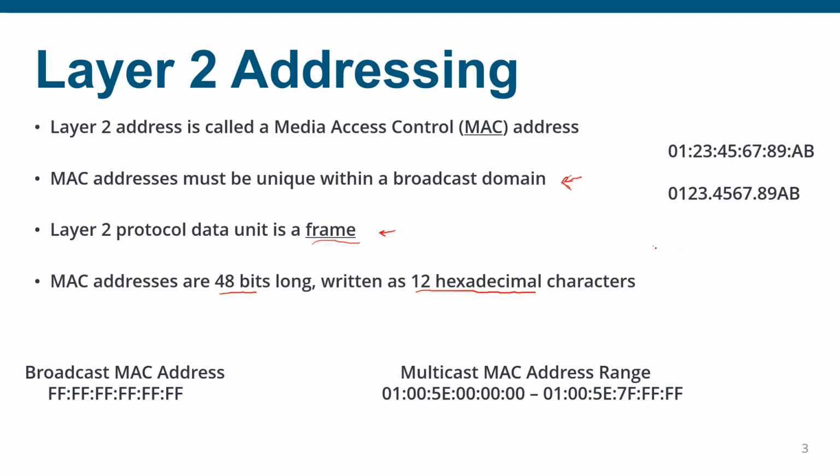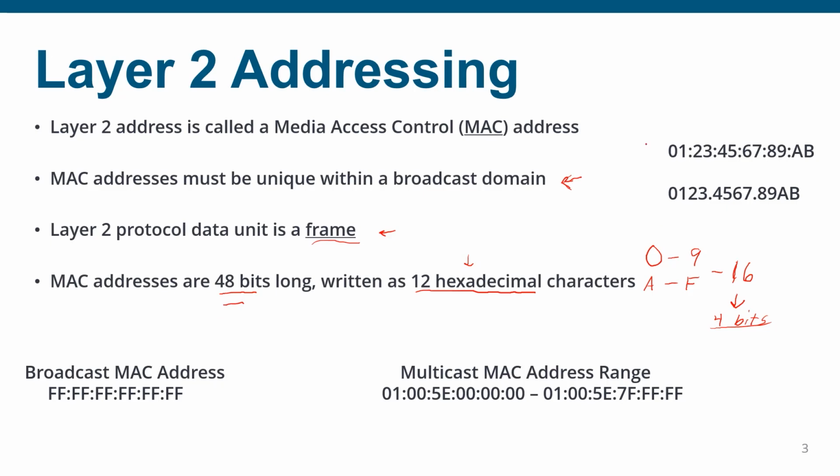This includes all numbers from 0 through 9 and all letters from A through F. This makes up 16 possible characters, each character representing 4 bits. And with 12 hexadecimal characters, we get a 48-bit long address.